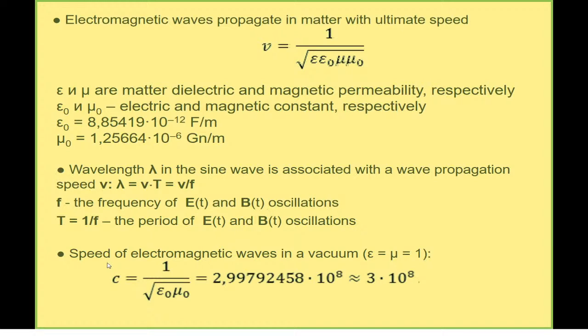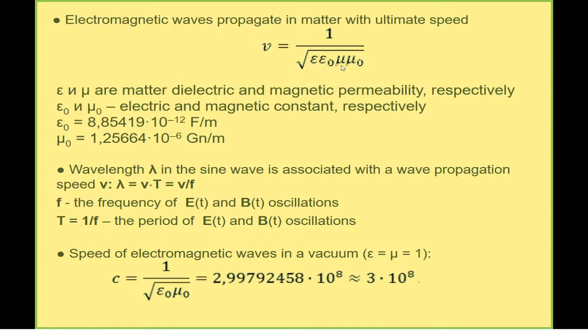And this is the maximum speed, velocity of electromagnetic wave propagation. It is in vacuum, equal to around 3 times 10 to the power 8 meters per second. And this, you can see, is inversely proportional to these parameters of the matter.